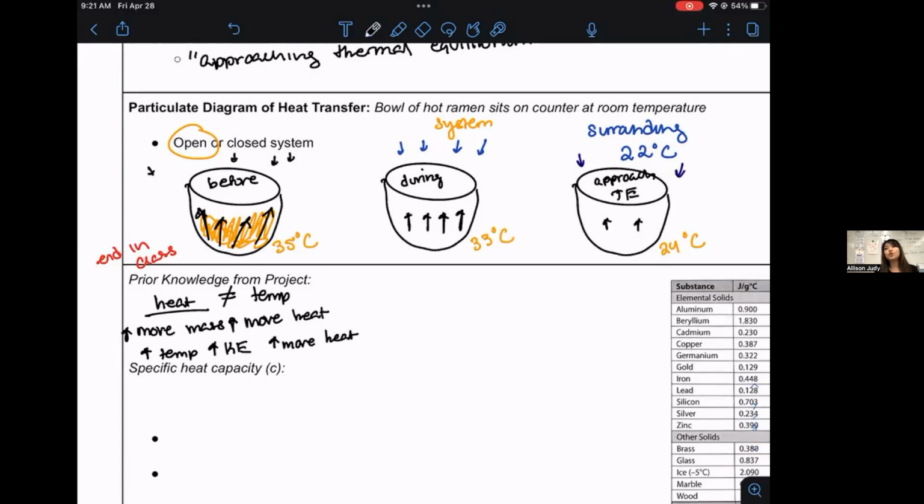But if I have two objects that are the same mass and one's at a higher temperature, the higher temperature will generate more heat. Relatively intuitive. The biggest mistake people make, though, is that they say heat is the same as temperature. It is not. It is just connected. Okay.